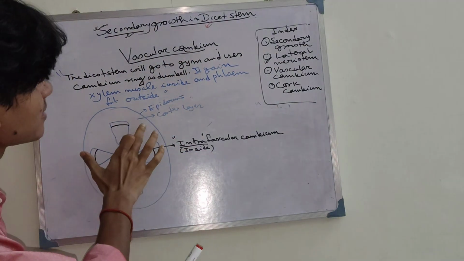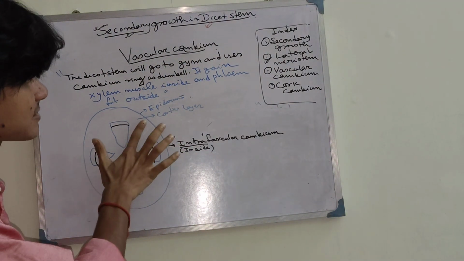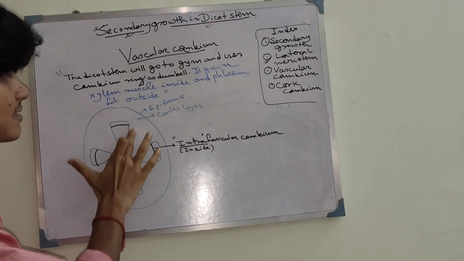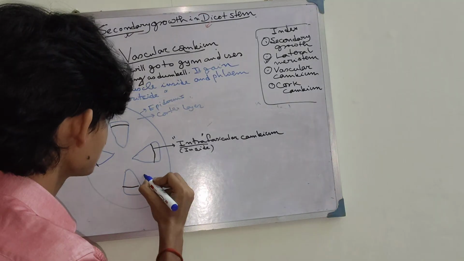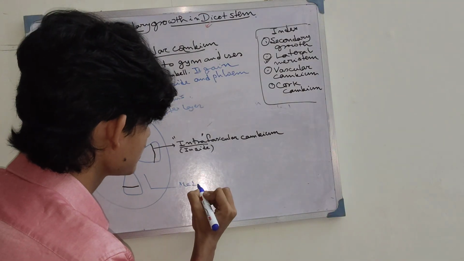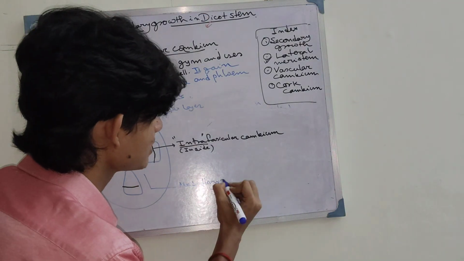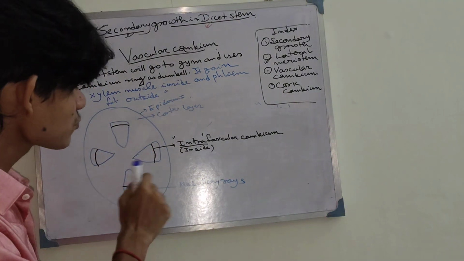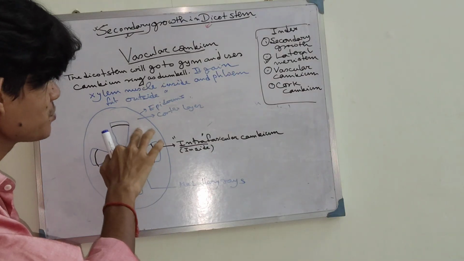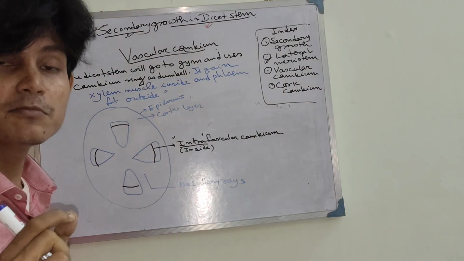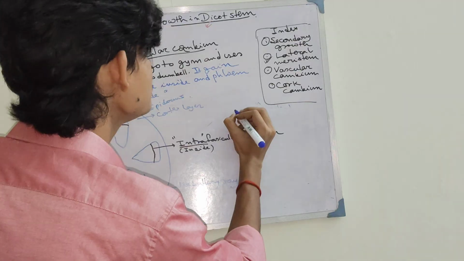Between the vascular bundles there are some parenchymatous cells, and this portion is called medullary rays. Some of these parenchymatous cells will be dedifferentiated.